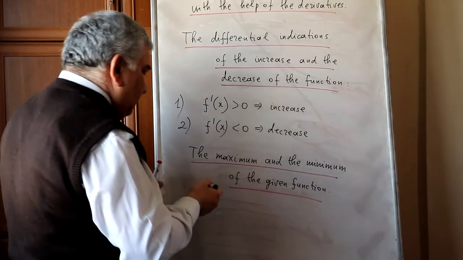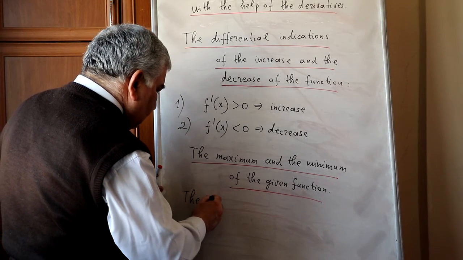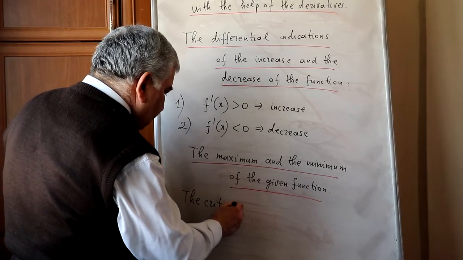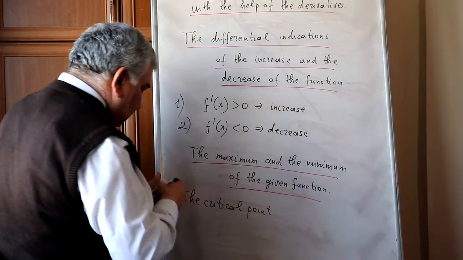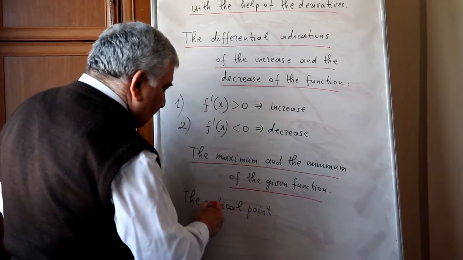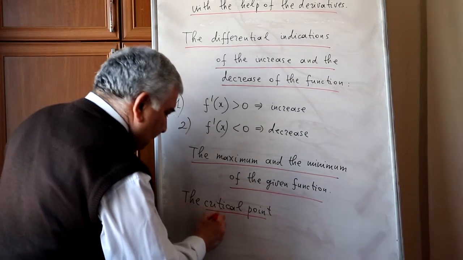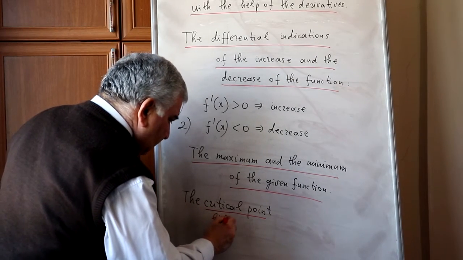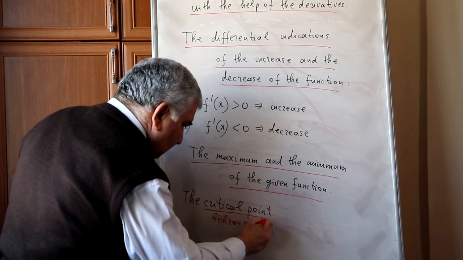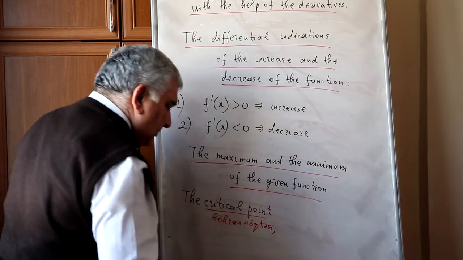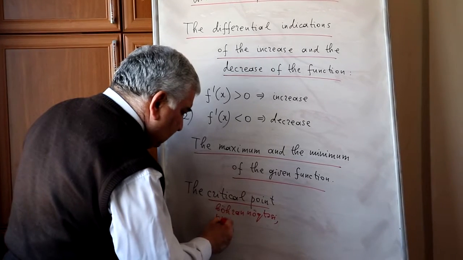We can write: critical point. In Azeri it is böhran nöqtəsi, and in Russian it is критическая точка.